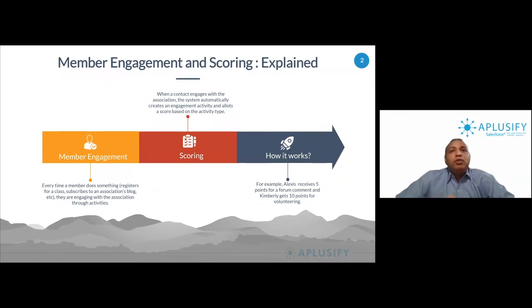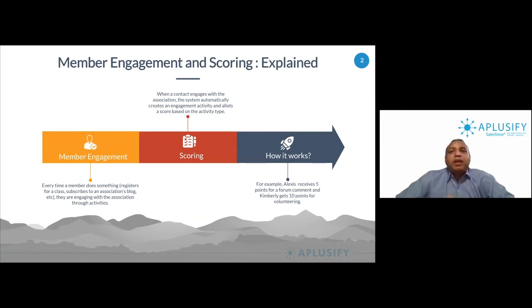You can only know that when you have that kind of data or a scoring mechanism where you can see how members are participating in the different activities that you have opened for them. So what is scoring? When a contact or your member engages with the association, the system automatically creates an engagement activity and allocates a score based on the activity type. Now, what can those activity types be?